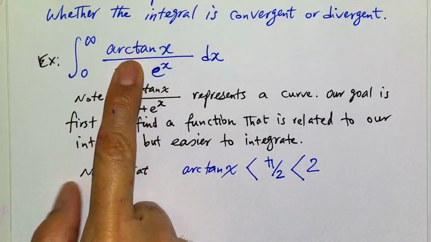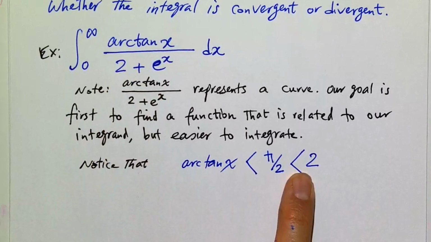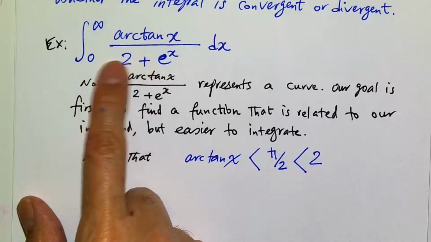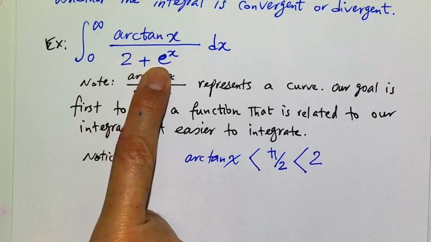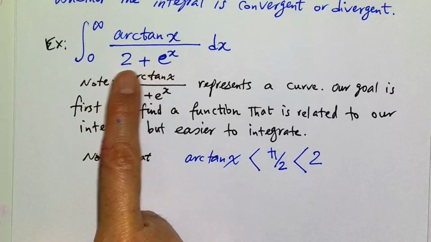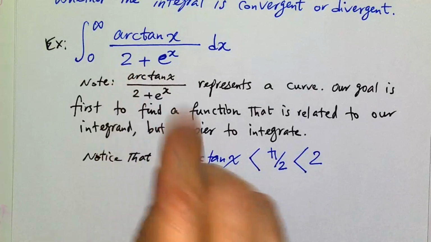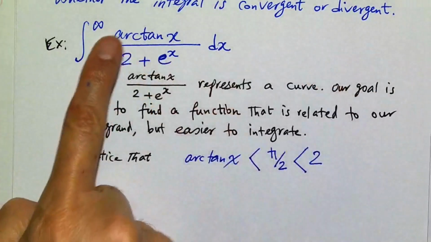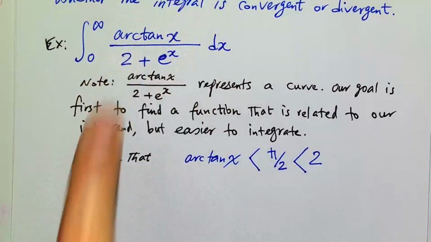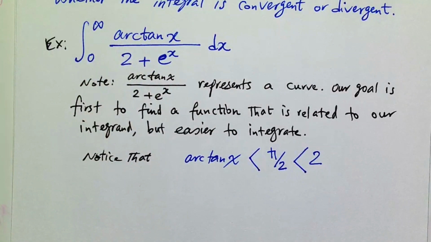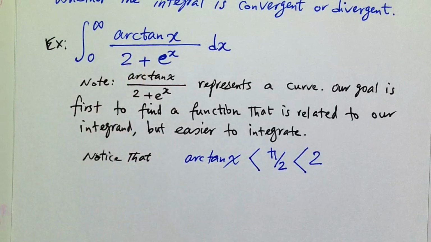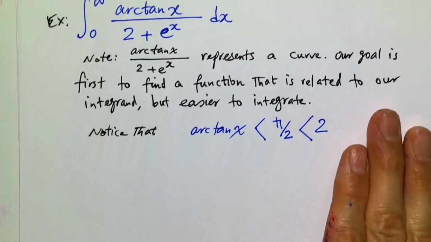If I replaced arctangent x with 2, which I know to be larger than that, and I got rid of this 2, and I just kept e to the x, so I reduced the denominator, which means it would increase this quantity. So for sure, that would be a higher curve or higher function values than the one we have, right? So that's what I'm thinking of doing.